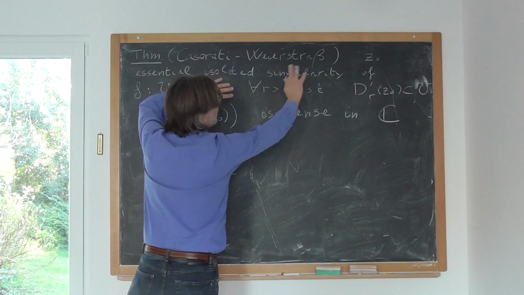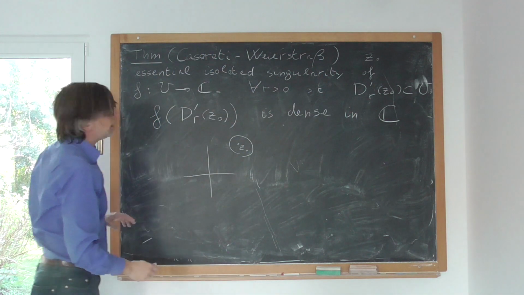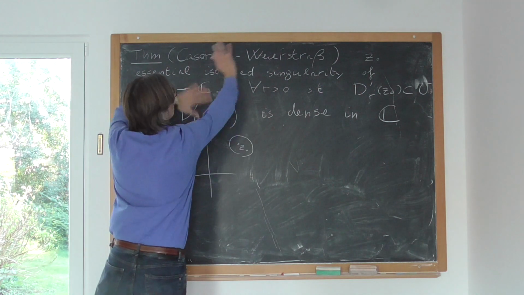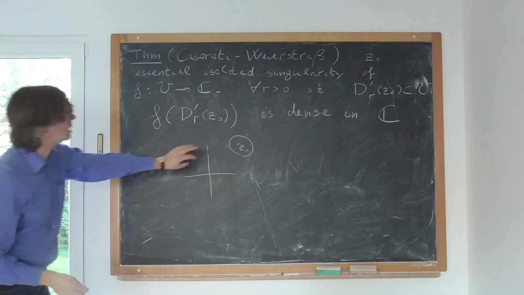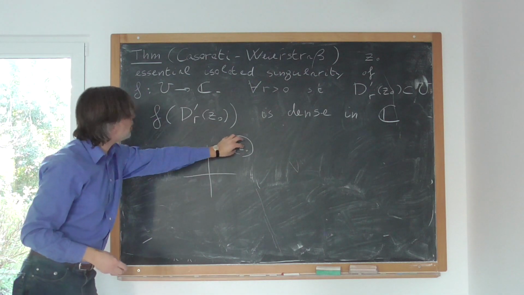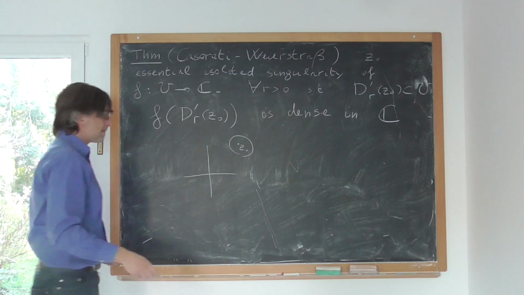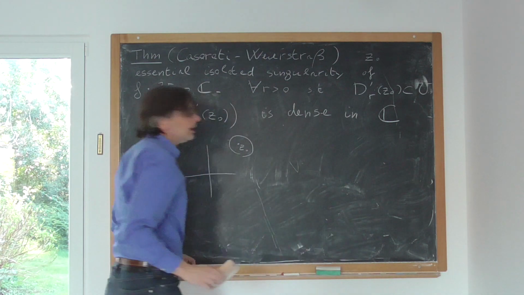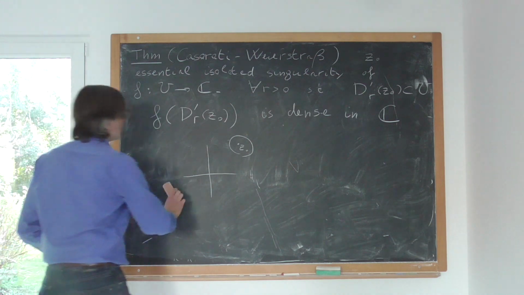It's defining some open set which is dense in the whole complex plane. So this is mapped really everywhere, and this no matter how small this radius R is. Okay, let's prove the Casorati-Weierstrass theorem.